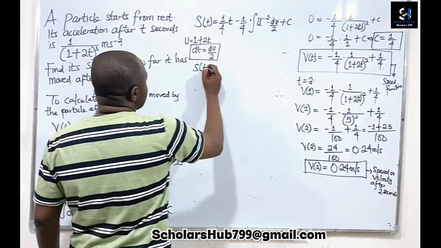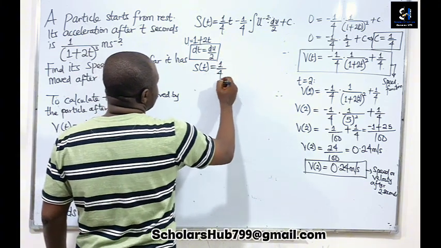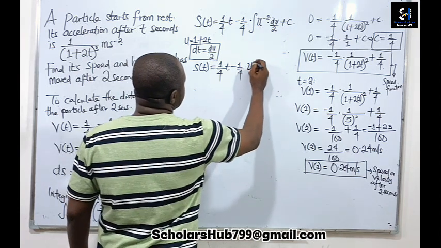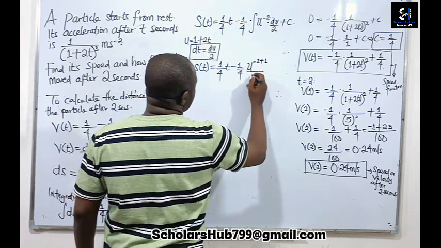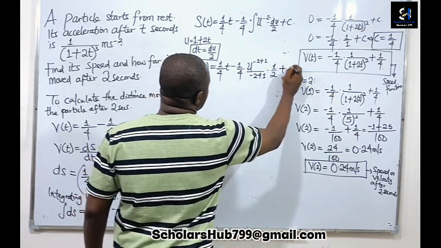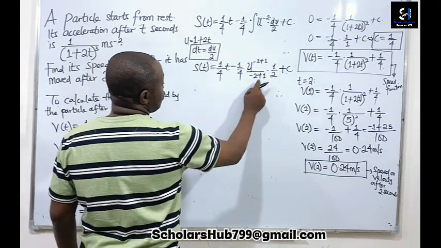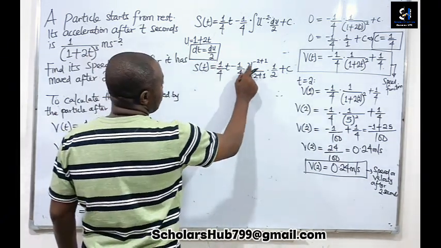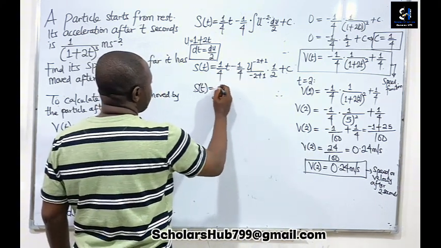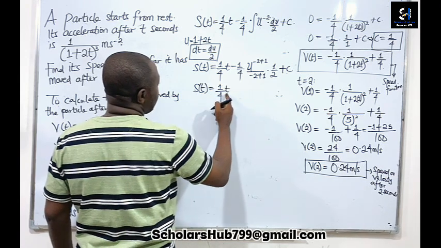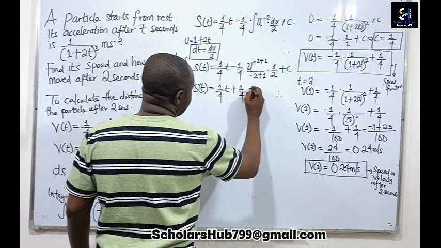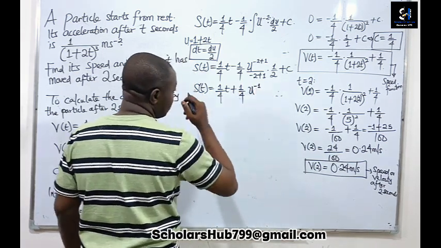So s as a function of time t should be 1/4 times t minus 1/4, then u raised to the power of negative 2 plus 1 over negative 2 plus 1, multiplied by 1/2, plus c. Minus 2 plus 1 is minus 1, so the minus will coincide with this minus to become plus. So s is 1/4 t plus 1/4 times u to the power of minus 1.